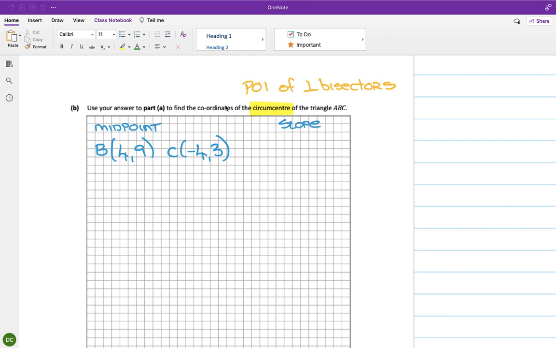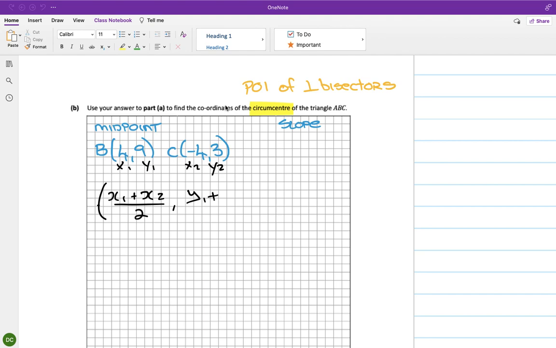X1, Y1, X2, Y2, and the midpoint formula. Okay, so I'm going through the exact same thing again, just with 2 different points.